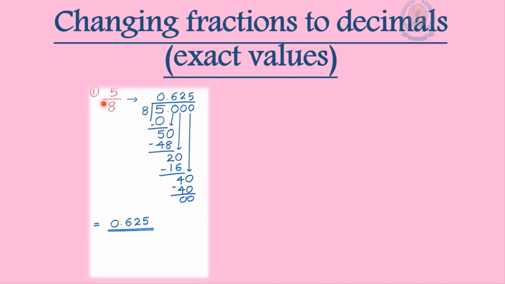If you have a fraction and you are asked to convert that into a decimal, the first thing you have to do is divide the numerator by the denominator. That means the up number goes inside and the down number goes outside. Then this is the long division, the answer should be 0.625, right? It's better to find the decimal answers up to the second or third decimal place.